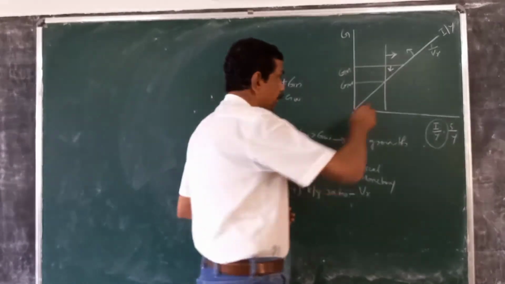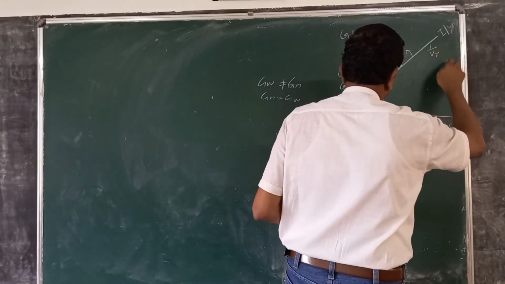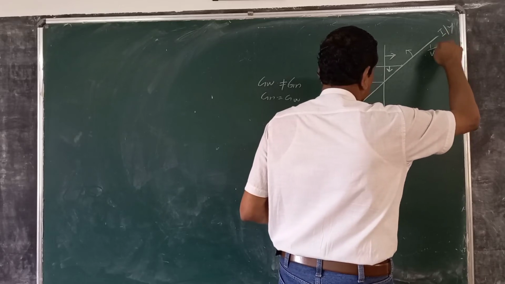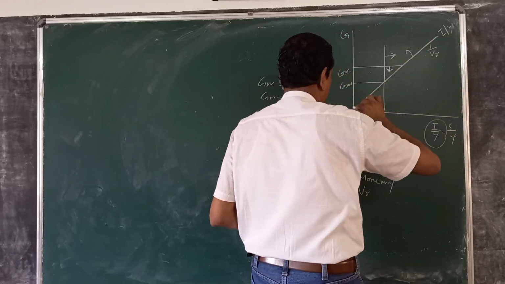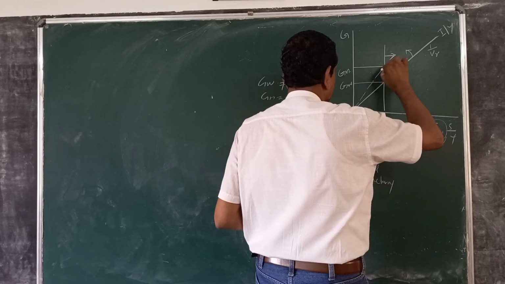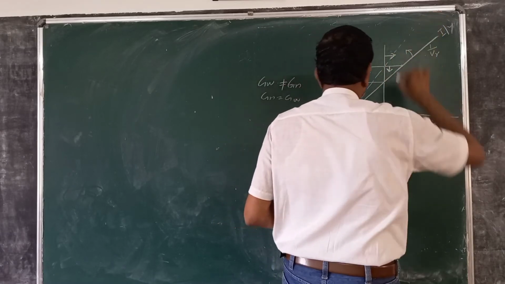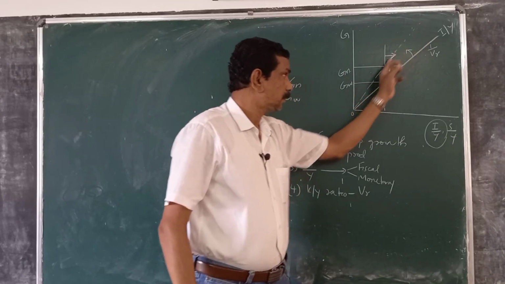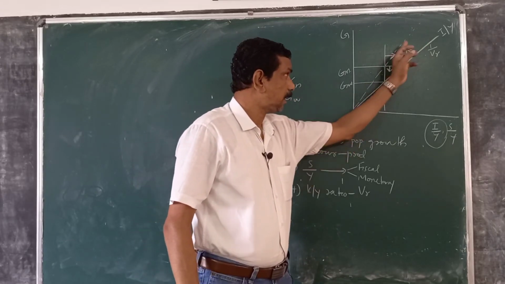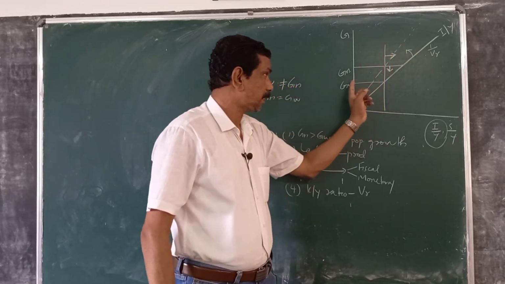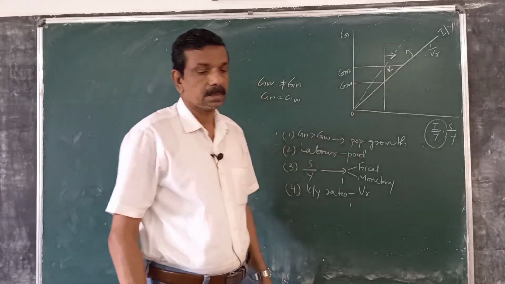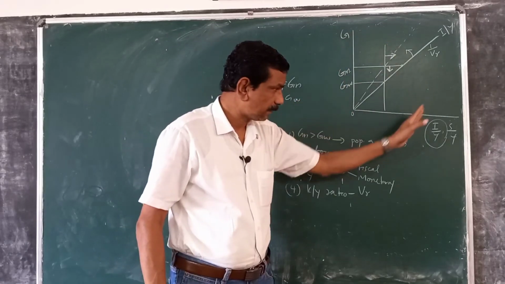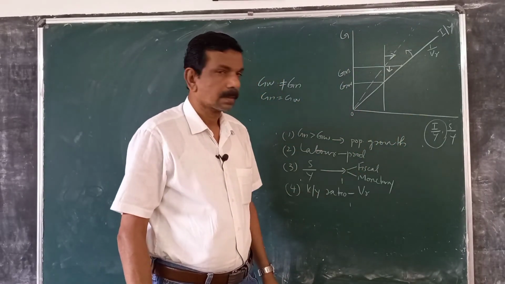So if you can pivot this I by Y, or 1 by VR, VR is equal to Y by I, its reciprocal is 1 by VR, pivot it in such a way that it passes through this new point. Suppose the new I by Y is the dashed line, again GN is equal to GW. So this is the problem of underdeveloped countries.